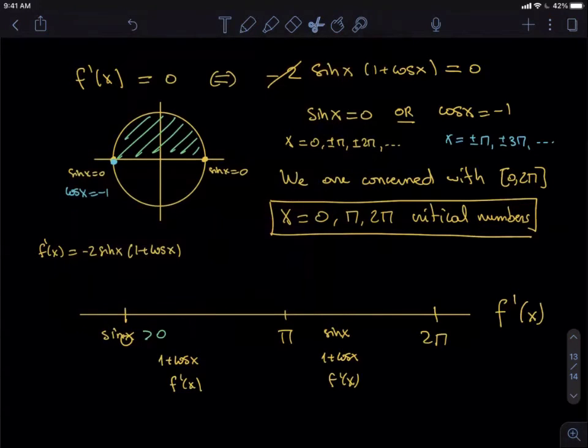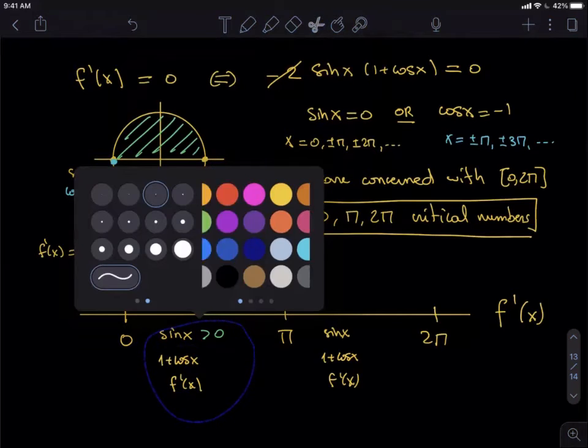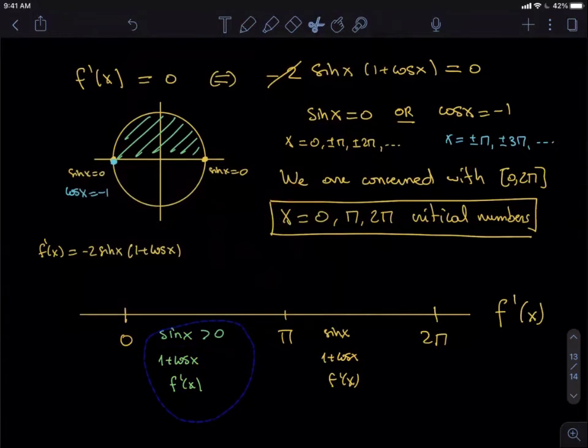But in this region, what happens to the cosine of x? 1 plus cosine of x is for sure bigger or equal than 0, right?